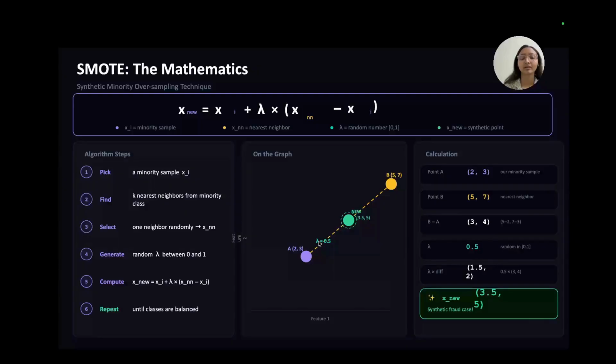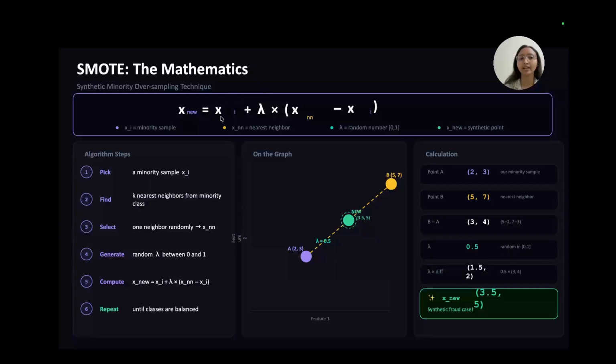And now if I include the total formula, it means firstly we are finding the distance, the path to join A and B, and then we are multiplying lambda with this. That means if lambda is 0.3, we will cover 30% of this path.